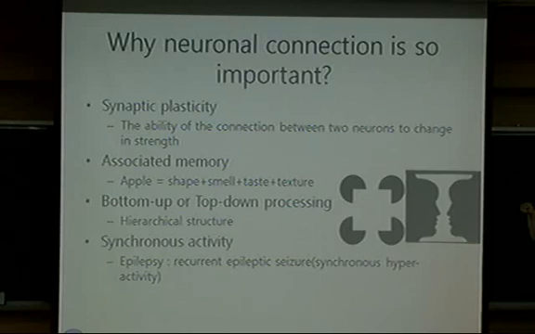But by the recognition, the other information will be modified based on your recognition. That is bottom-up and top-down processing. And this means there is a certain kind of hierarchical structure in the brain to process information. And that means the connectivity structure of the brain is important.